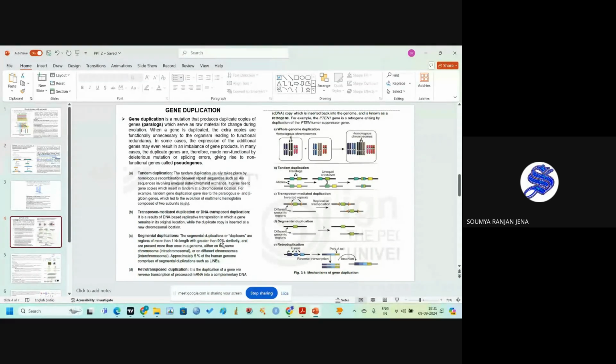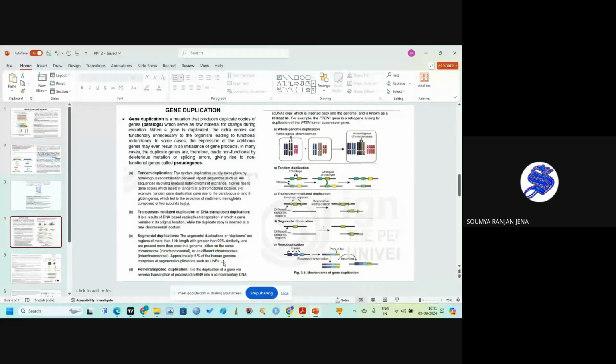One particular segment is duplicated, and these duplicated parts are 90% similar and are present more than once in a genome, either on the same chromosome, that is intrachromosomal, or on a different chromosome, that is interchromosomal.